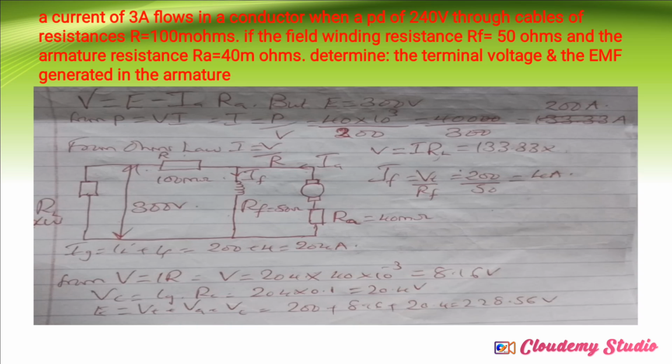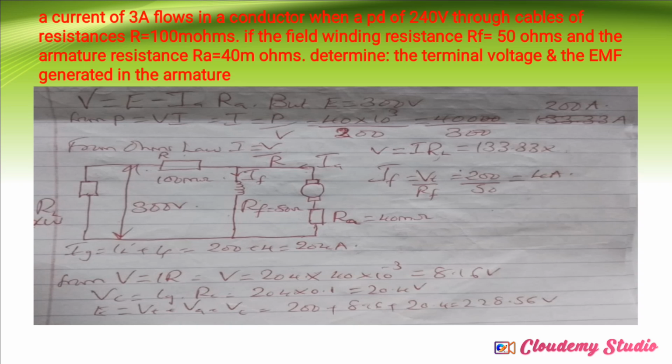You can calculate the voltage drop at the field winding, at the same time at the armature resistance. If you follow those calculations, you'll be able to get 228.56 volts. That is how we do the calculations, and if you follow keenly, at least it should make it easy.